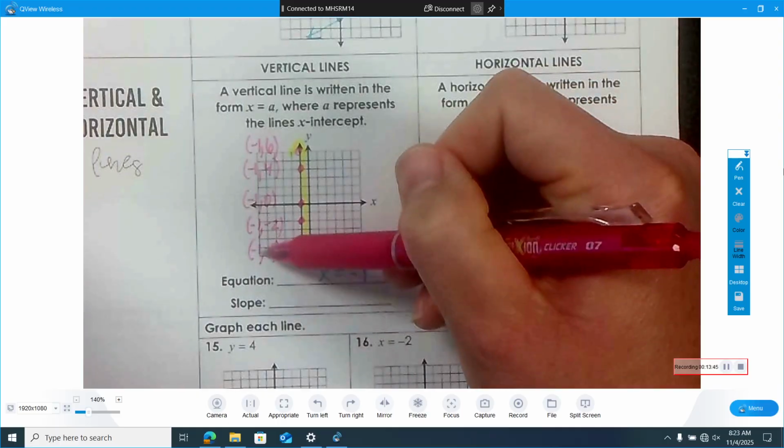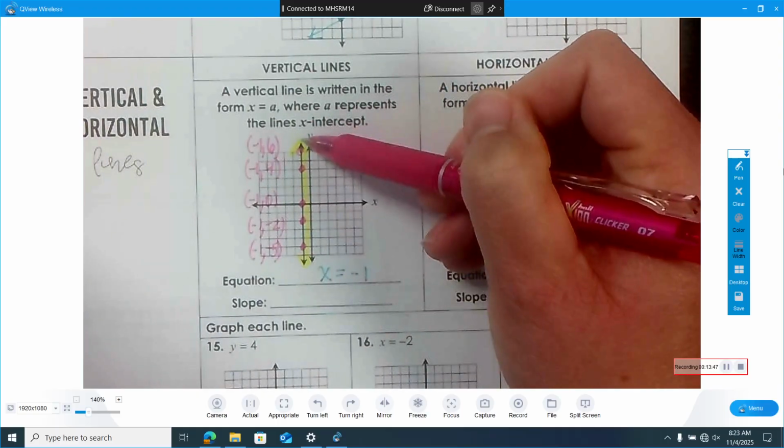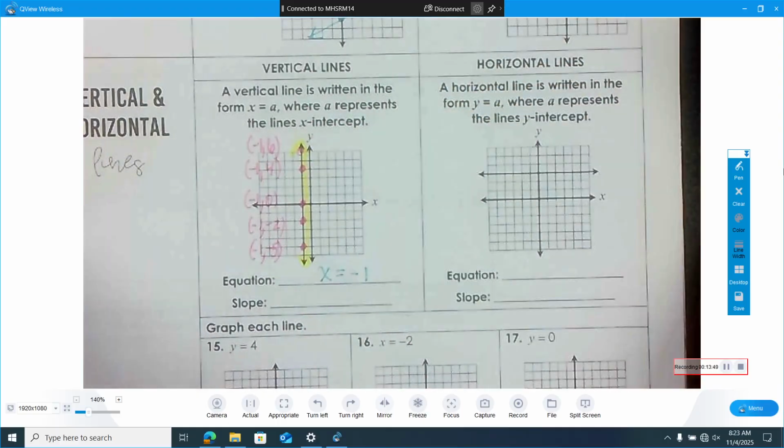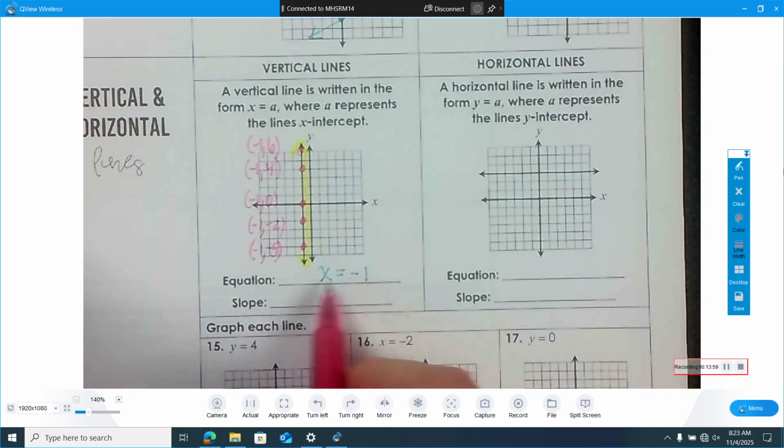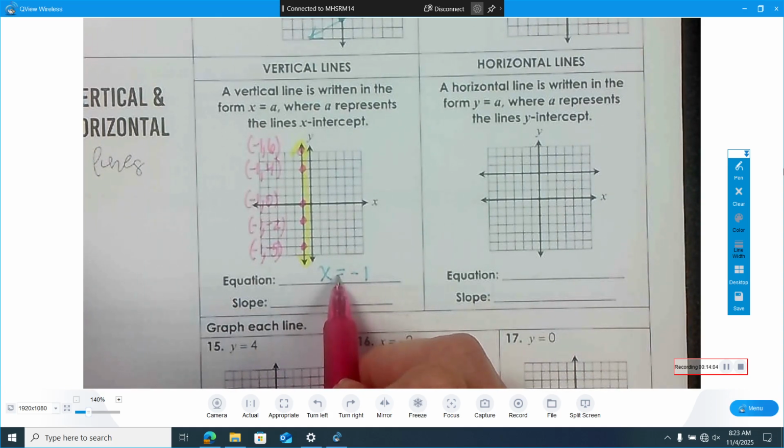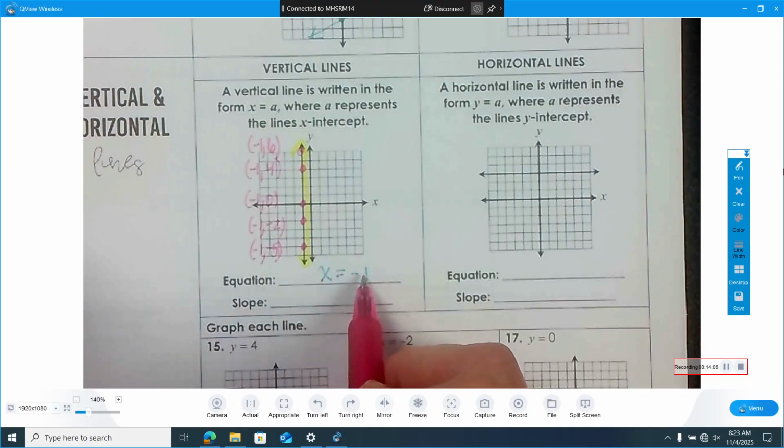Ladies and gentlemen, what do all of these ordered pairs have in common? The x value is always negative 1. Yeah, this is why this is the equation of this line. The x coordinate is always negative 1.